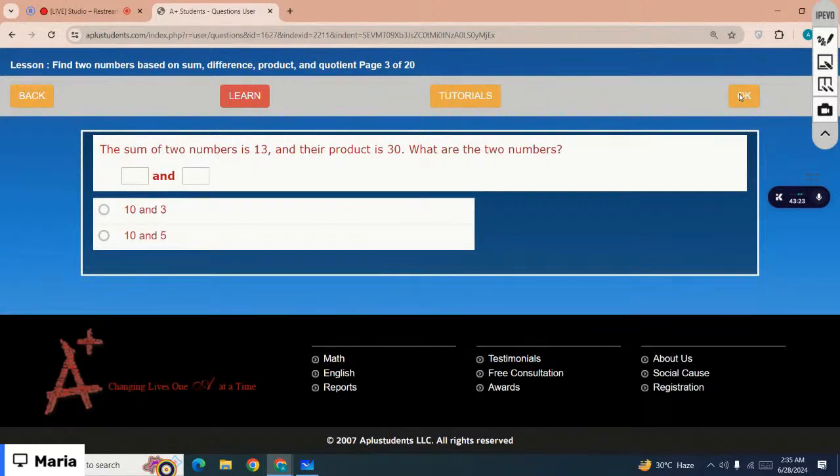Okay, the next one: the sum of two numbers is 13 and their product is 30. What are the two numbers? So which two numbers have the product 30 and sum 13?